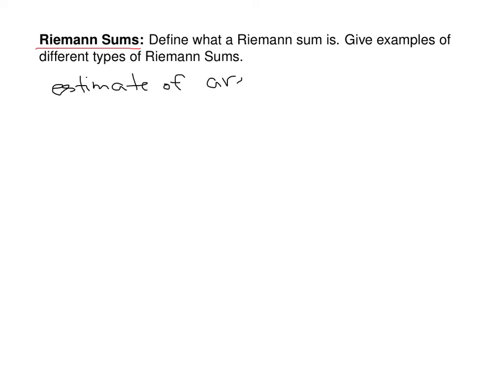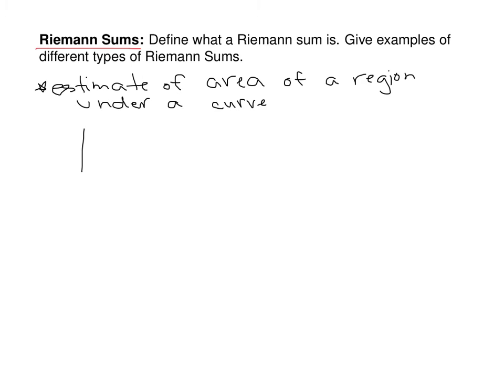It's an estimate of the area of a region under a curve. And I probably should say signed area, because in this case, if your curve goes below the x-axis, you count that area as negative.